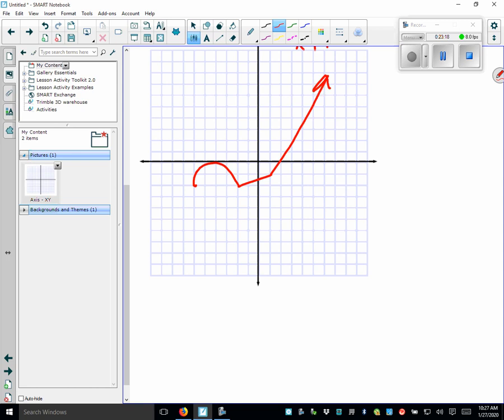What is f of negative 2? When is f of x equal to 0?